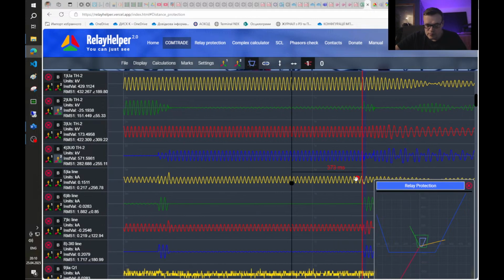So as I said earlier, in the IR cycle we need to block just protections that can trip during this period of time, and if a protection has time settings bigger than this pause, we can not block it.